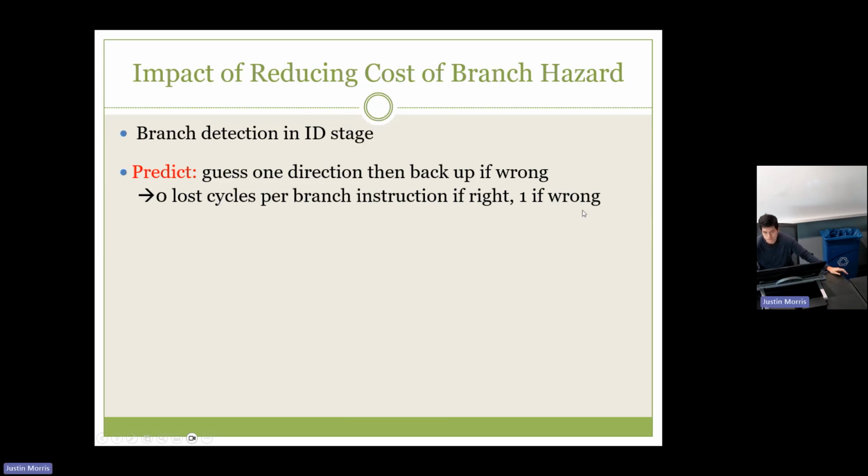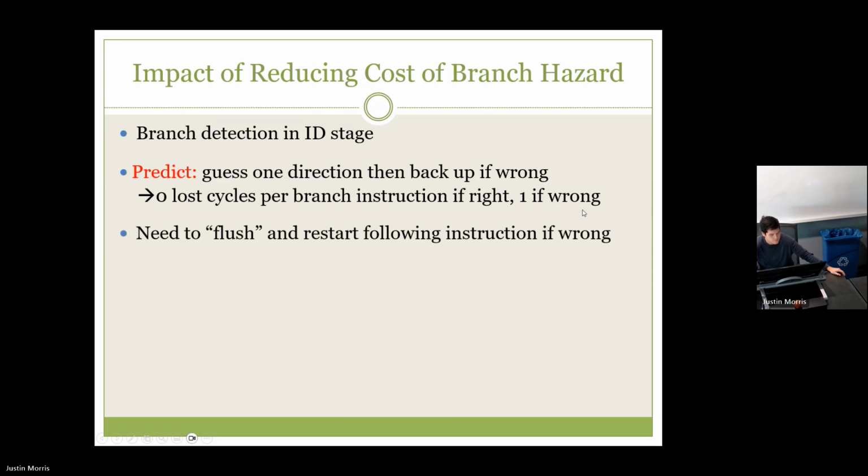But if we're wrong, it costs us 1 cycle. We need to flush and restart with a new instruction if we were indeed wrong. So this clears the instruction field in the instruction fetch and decode pipeline register, creating a no operation.